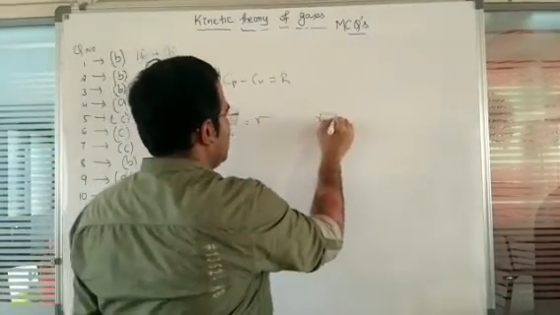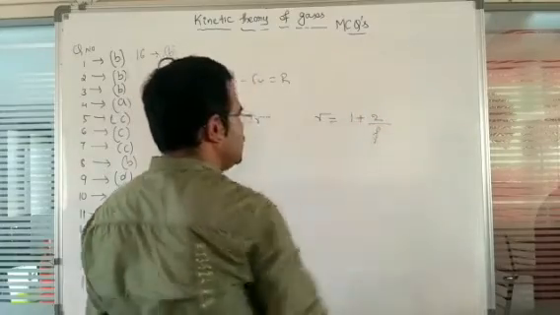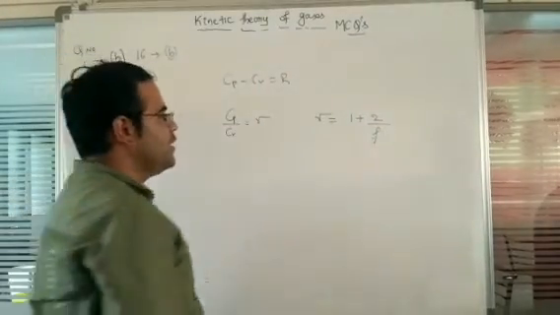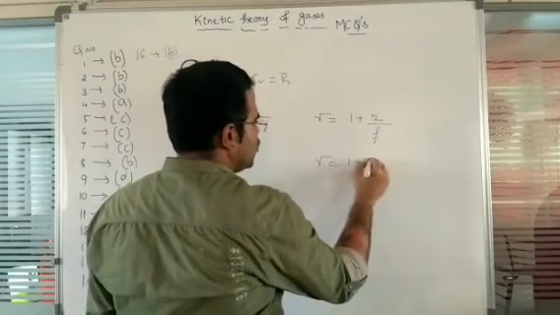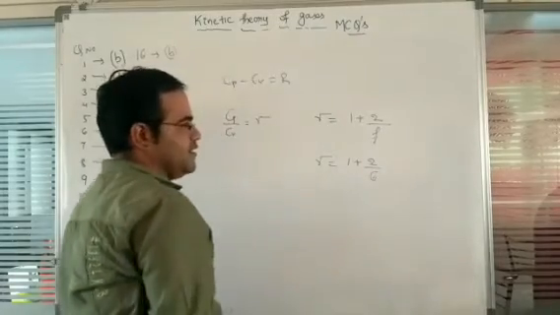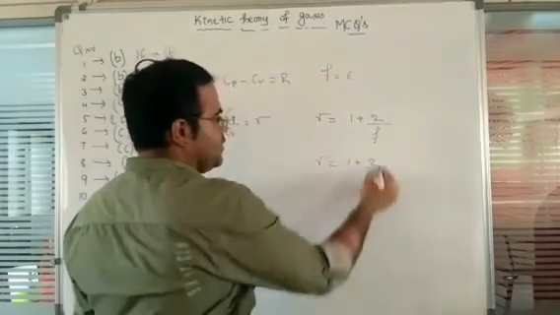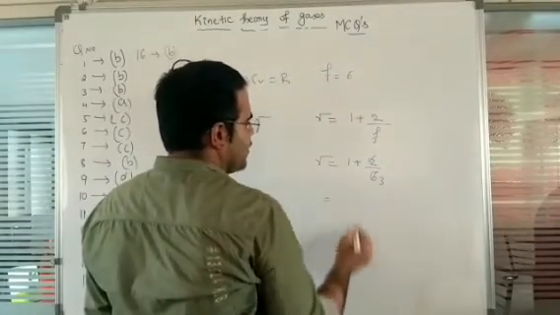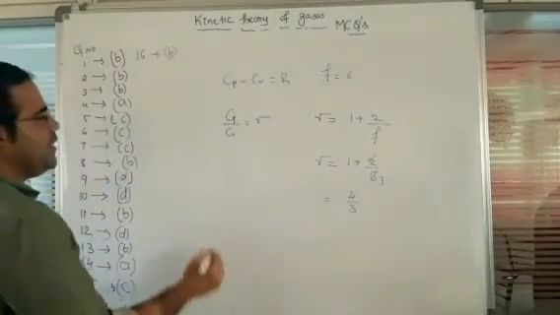Now the gamma value we can write as 1 plus 2 divided by F. This is the formula, where F represents degrees of freedom. So 1 plus 2 divided by, now the degrees of freedom is 6, which is given here. If we simplify, we get 4 divided by 3.